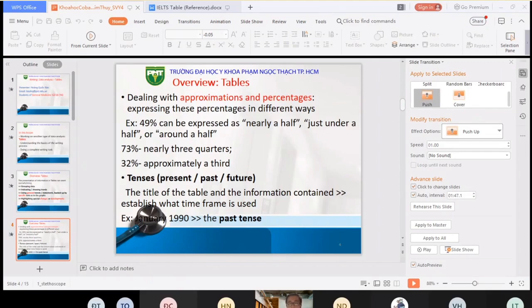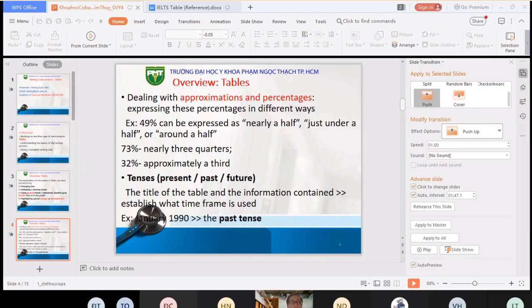The title of the table and the information it contains. If you want to know what the table is about, the first thing you have to do is look at the title of the table, right? And then you have a look at the time frame used.